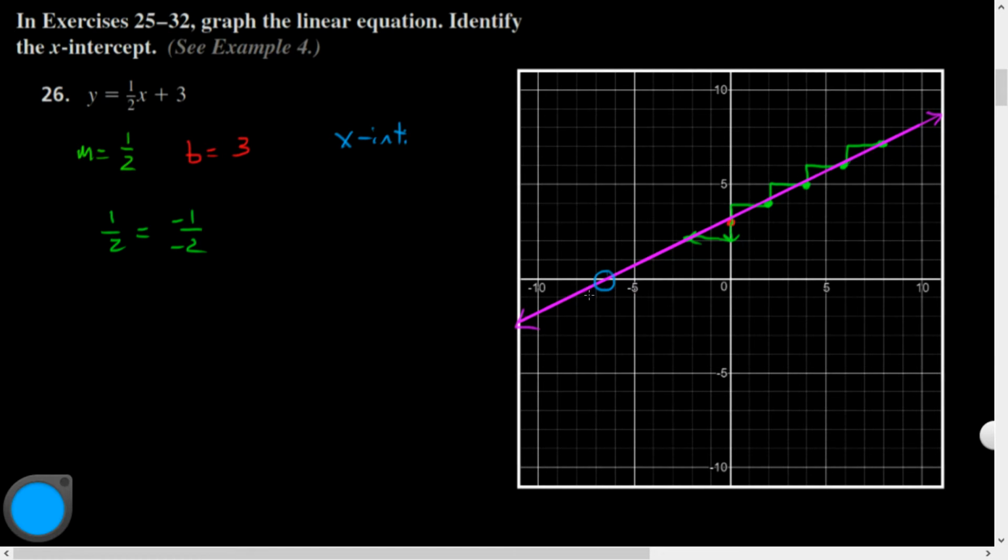According to my graph, I would have said -6.5, but I think the real answer is -6, because it would have occurred when y was equal to 0. Half of -6 is -3, and -3 plus 3 is 0. So my graph got a little bit off kilter there. So -6 is the actual, but I agree that my graph was not the best, sadly.